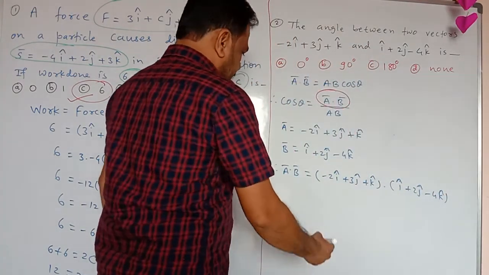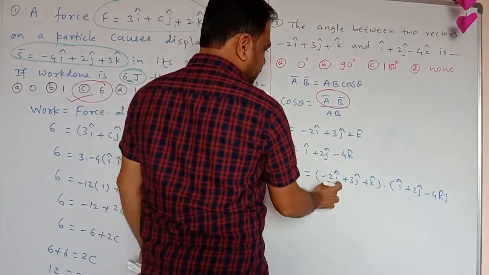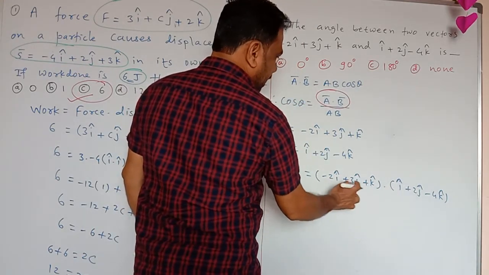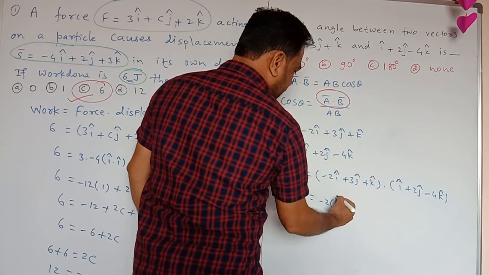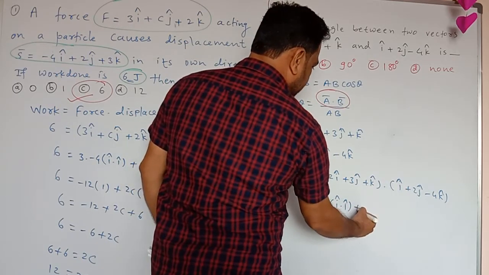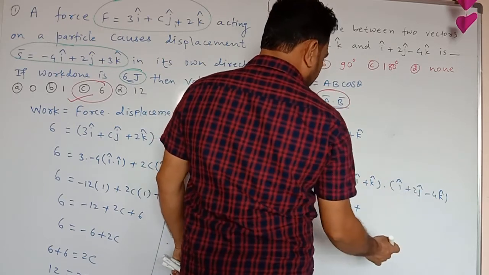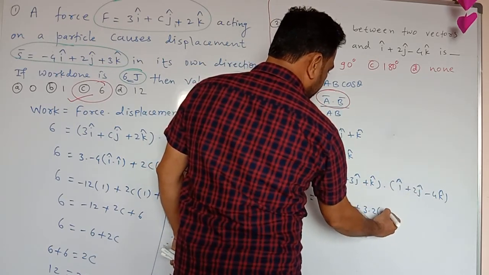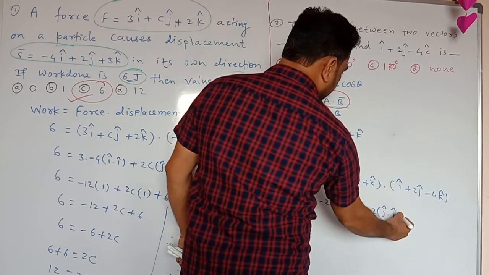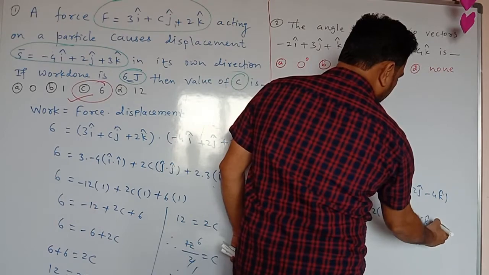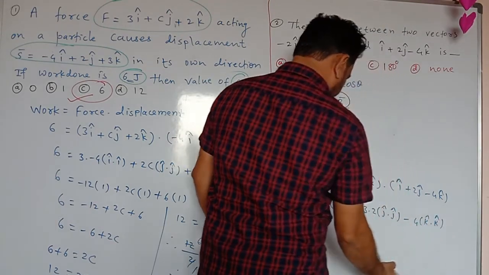Okay. So here minus 2 i cap into i cap, i cap dot i cap, plus 3j cap into 2j cap. So 3 into 2 into j cap dot j cap, then minus 4 k cap dot k cap.